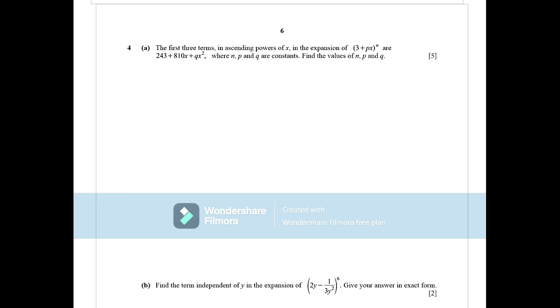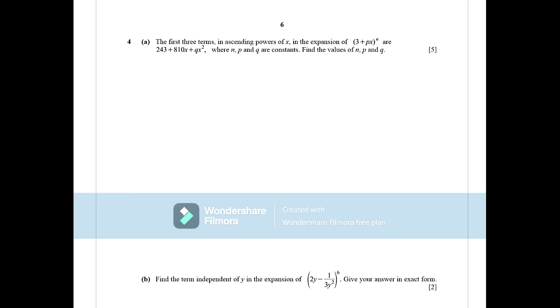Question 4. The first three terms in ascending powers of x in the expansion of this. Okay, so for a generic term, (3 + dx) to the power n, the rth term is given by nCr times 3 to the n minus r, times (dx) to the r.